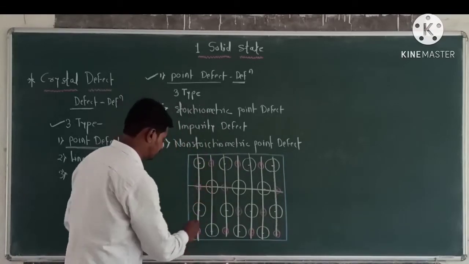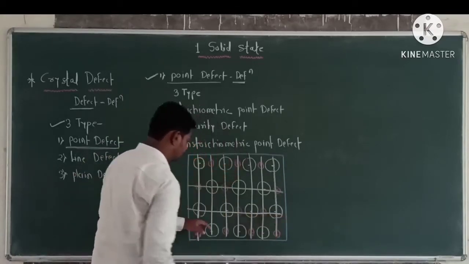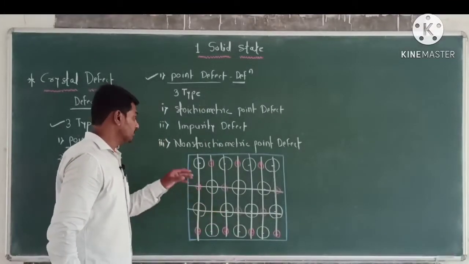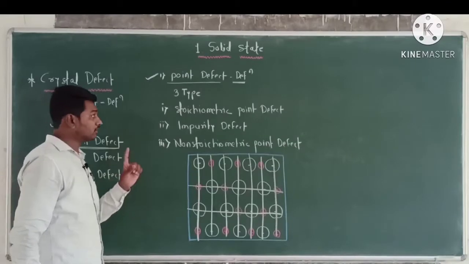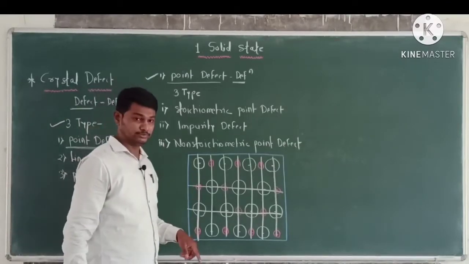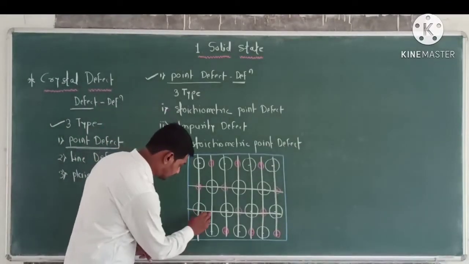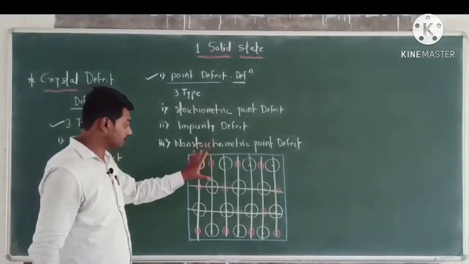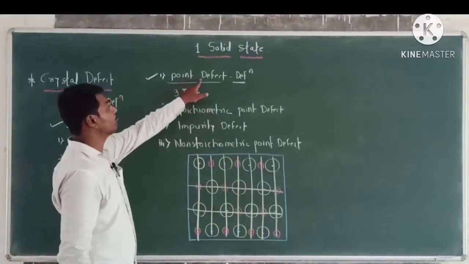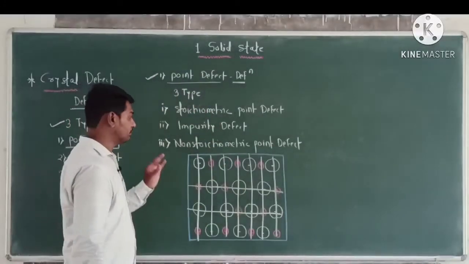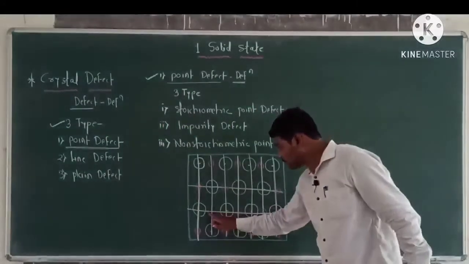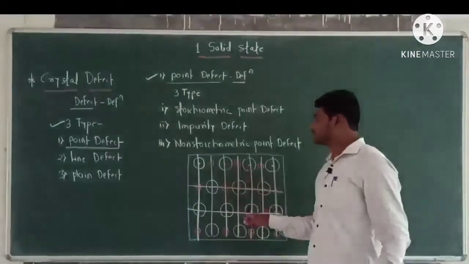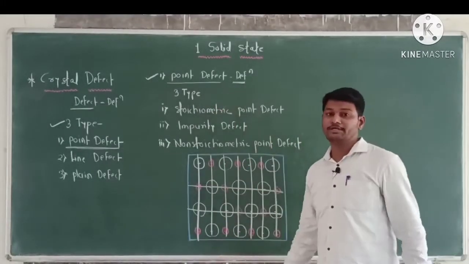Point defect is the irregular arrangement of a constituent particle at a lattice point of a crystalline solid.